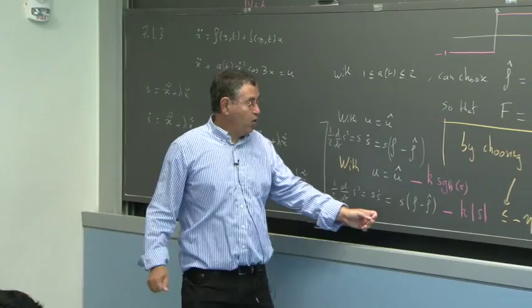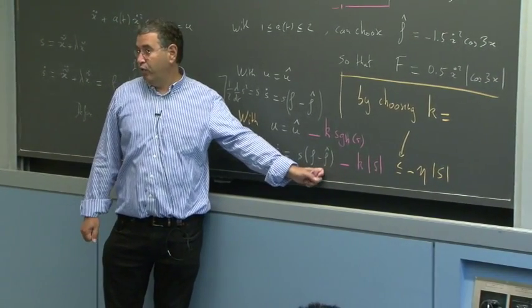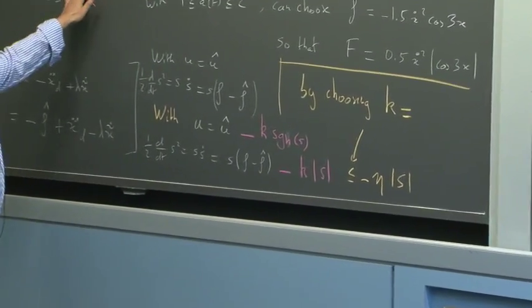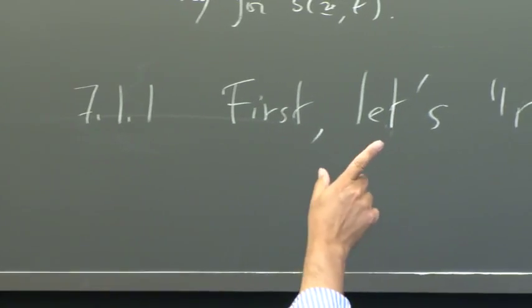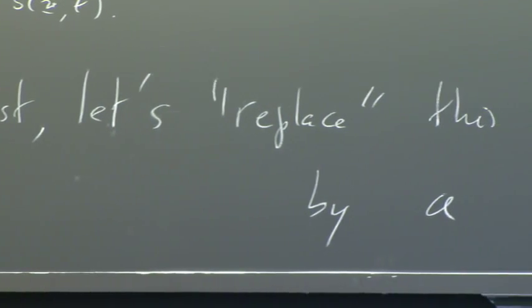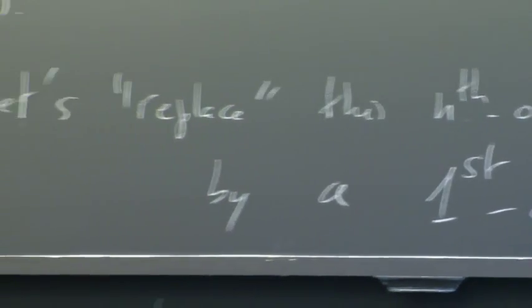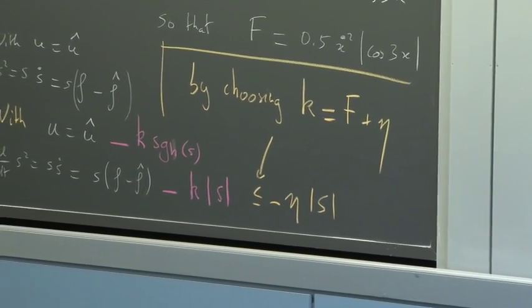We can bound it by absolute value of S times absolute value of F minus F hat, namely by absolute value of S times capital F. So the only thing we have to do is pick k larger or equal to F plus eta.